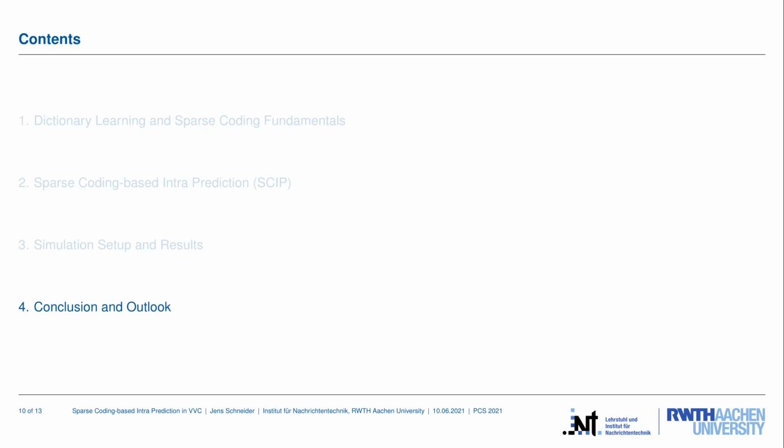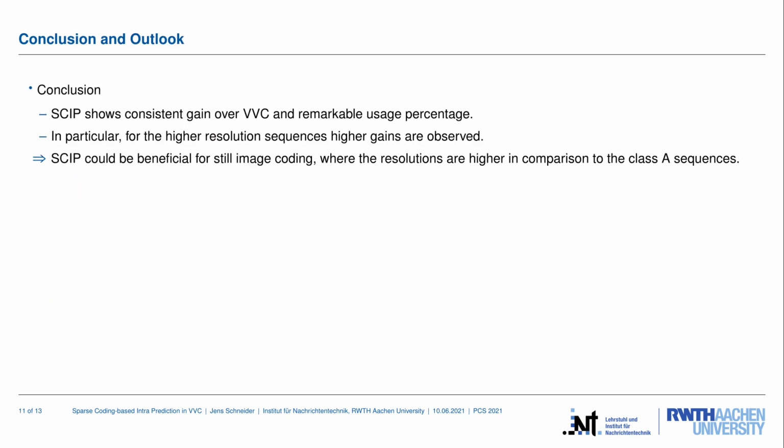Let me conclude and provide an outlook. In conclusion, SCIP shows a consistent gain over VVC and a remarkable usage percentage. In particular, for the higher resolution sequences, so the class A sequences, higher gains are observed. This could lead to the conclusion that SCIP could be beneficial also for still image coding, where the resolutions are even higher in comparison to the class A sequences.